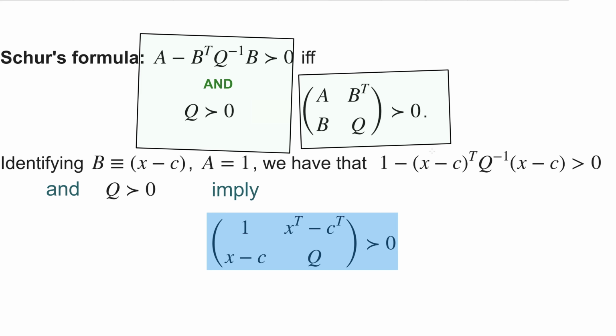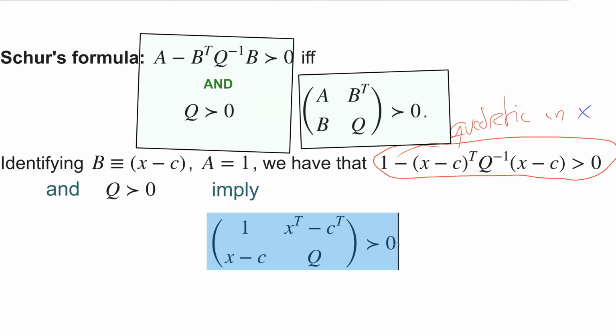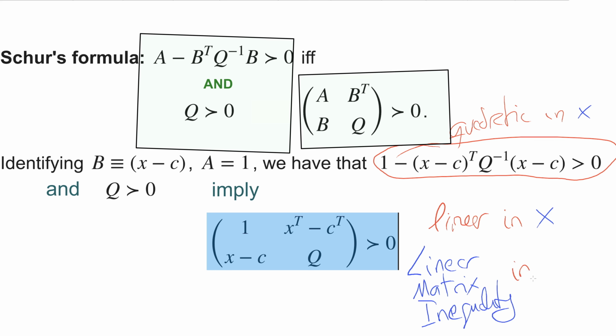And the thing is that this expression was quadratic in x, but this expression here is linear in x. This is a linear matrix inequality in decision variable x. Well, a vector of decision variables, if x is two-dimensional, like in this case.